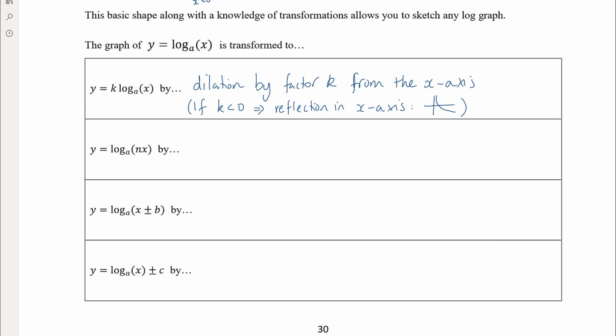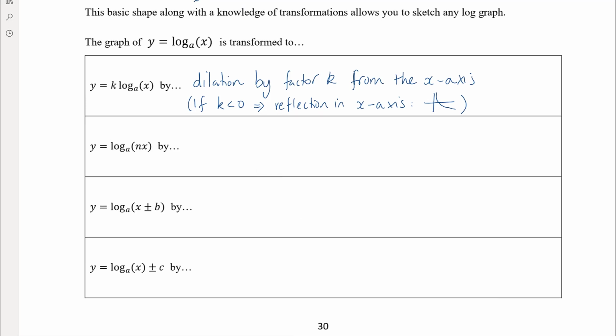Log base a of nx, now that was called b in the graphics program, so that was our dilation from the y-axis. So log base a of x is transformed to log base a of nx by dilation by factor 1 over n from the y-axis.